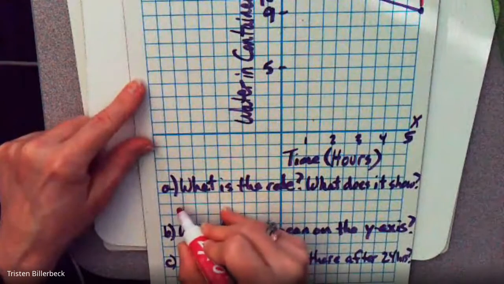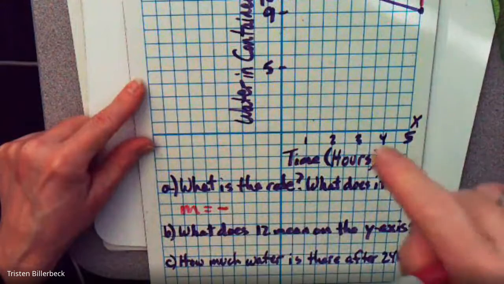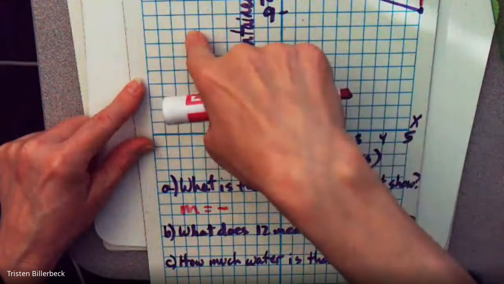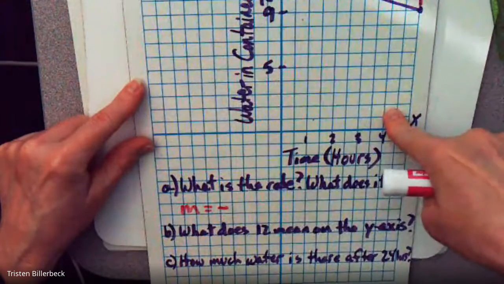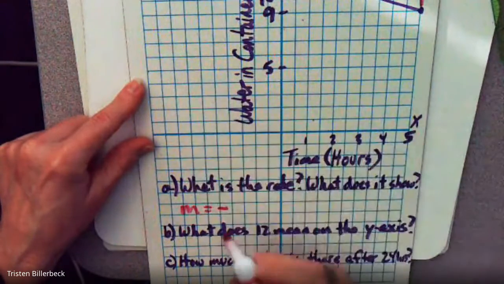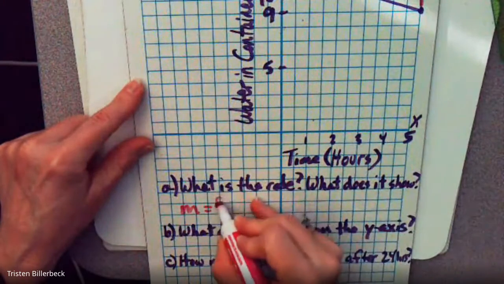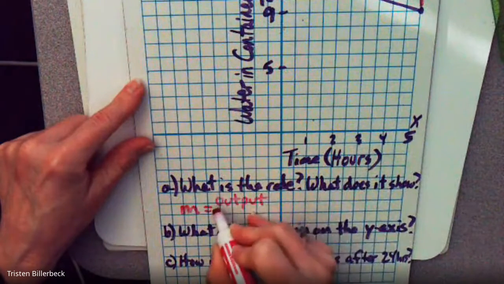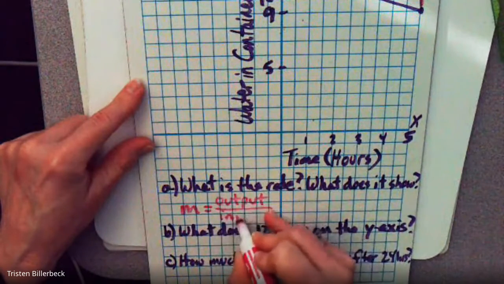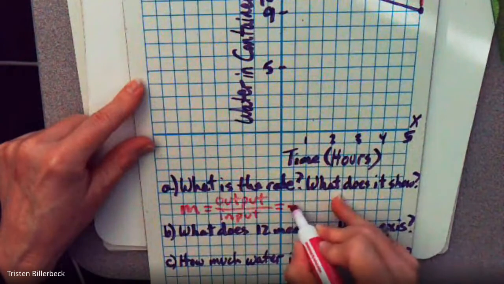So we have the slope is going to be, and we've got to put the rise, which is the output, over the input. So the rise, let me write that out so you have that. So the rise is the output over the input. So we have -5.